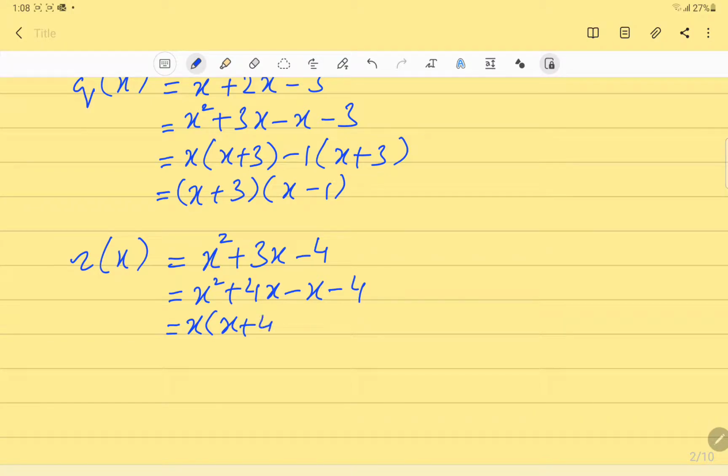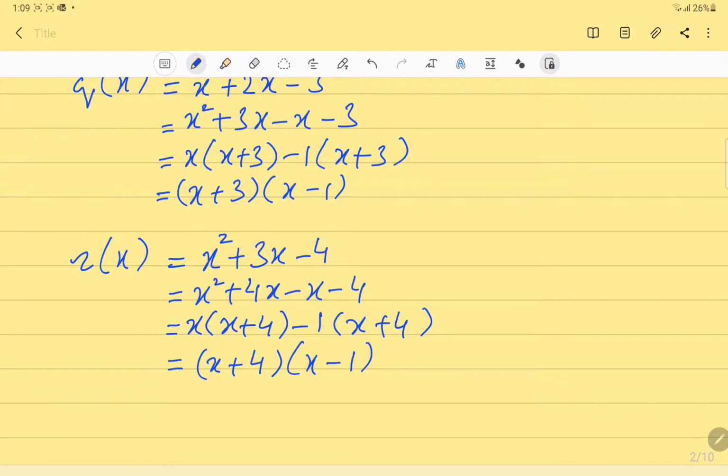x is common in the first two terms, then minus 1 is common in the second two terms, so it is x plus 4 again. Now x plus 4 is common, and in the bracket we get x minus 1.